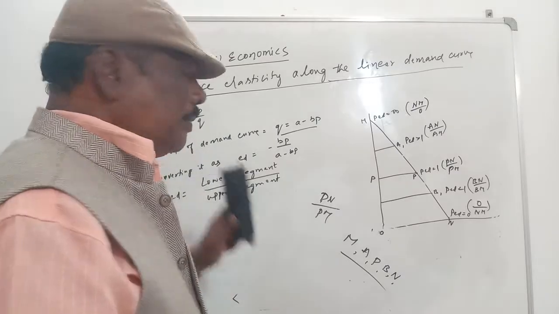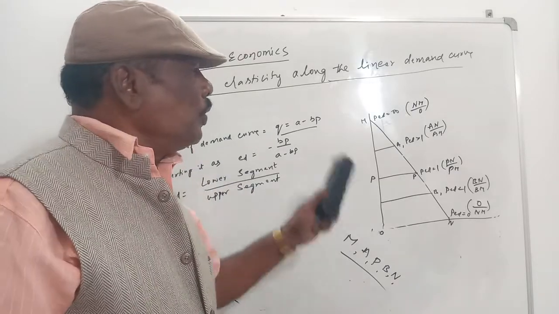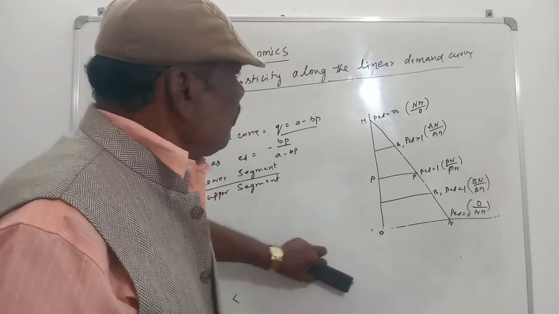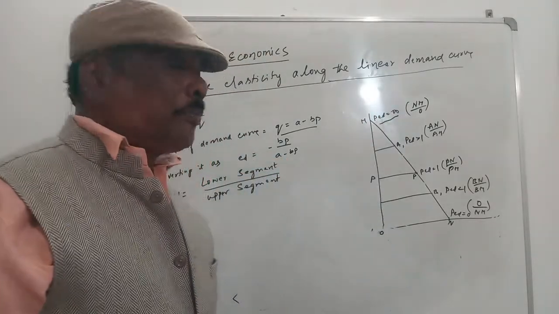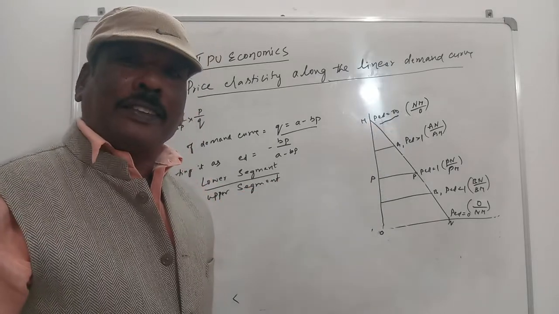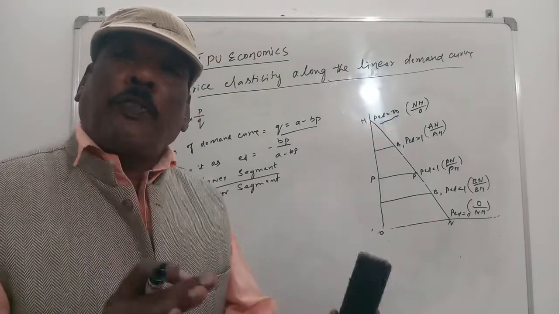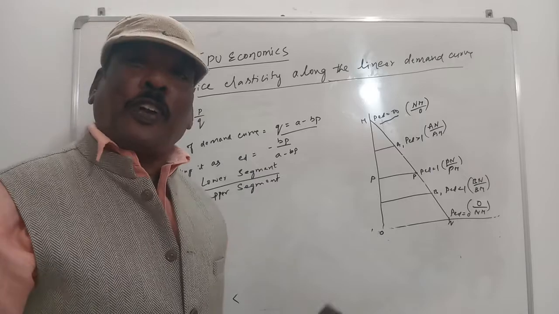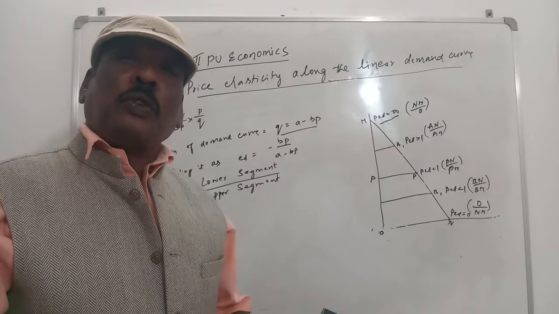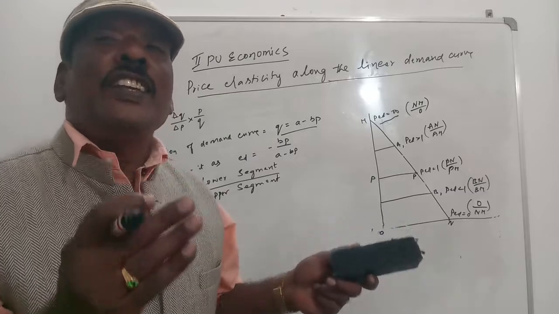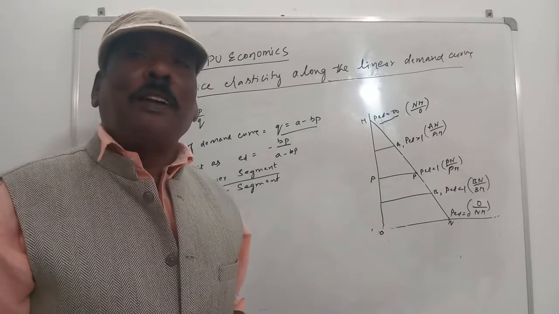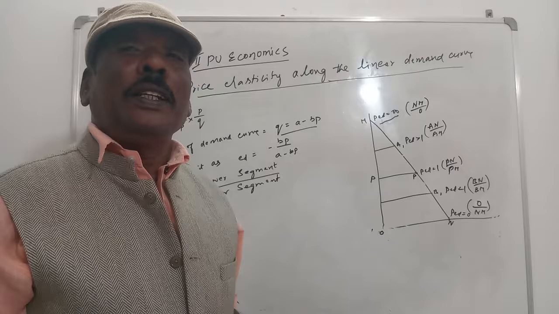You apply this formula and you will understand. Now, PED is equal to infinite. That means perfectly elastic. Though there is no change in price, there will be infinite change in quantity demanded.